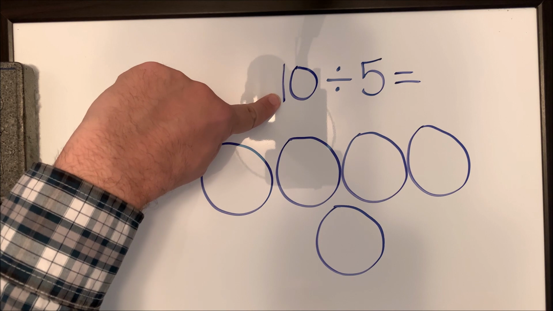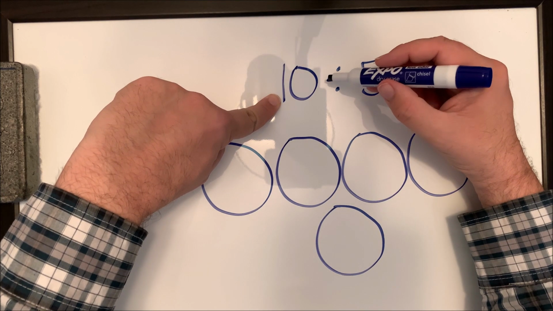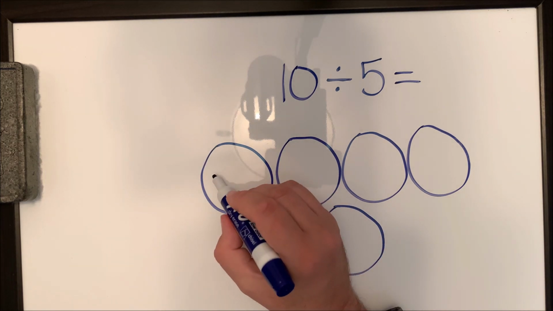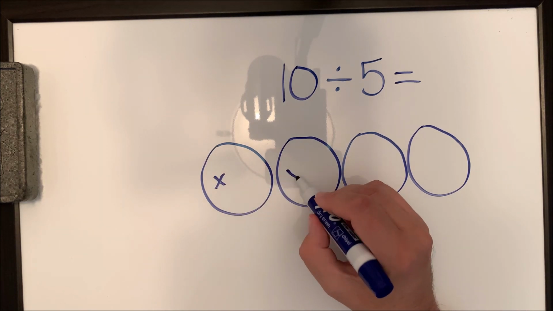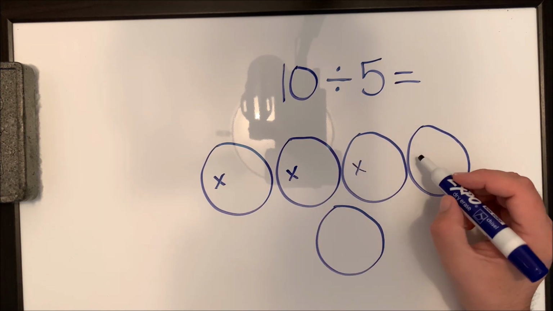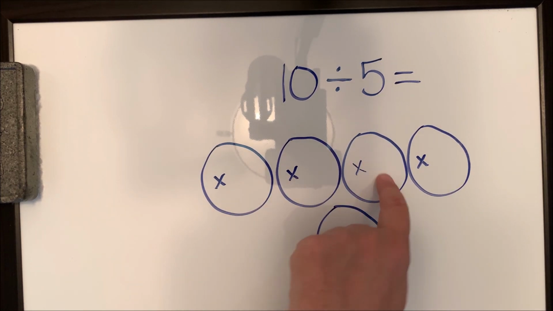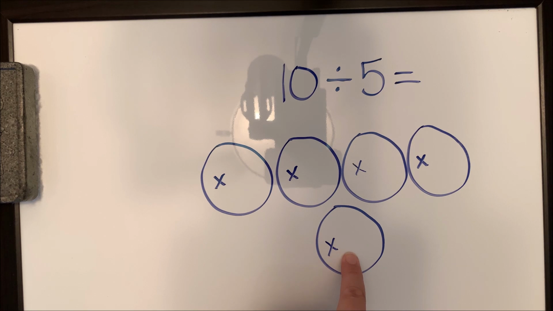I'm going to divide 10 apples into 5 equal groups. So 1, 2, 3, 4, 5. I'm going to put an apple in each basket, one at a time, because I want all the baskets to be equal.